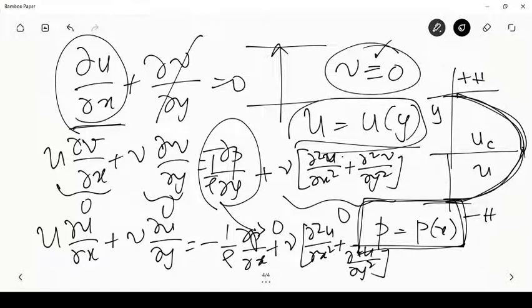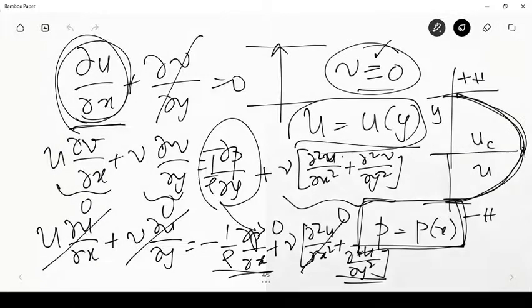Now in this, we have already said that del u by del x is 0, and therefore this term goes off. We have said that v is 0, so this term goes off. And since del u by del x is 0, del squared u by del x squared also becomes 0 because u does not change with x any further. So the only two terms that remain are these two. So that becomes your momentum equation.